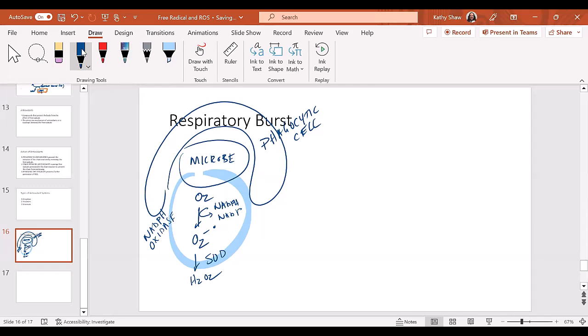Now we're going to add a chloride ion to the mix. We take that hydrogen peroxide, add a chloride ion, and use an enzyme called myeloperoxidase, abbreviated MPO. We're going to get hypochlorous acid, not hydrochloric. We've got the other oxygen in there. Hypochlorous acid.